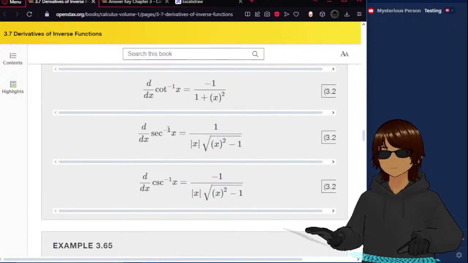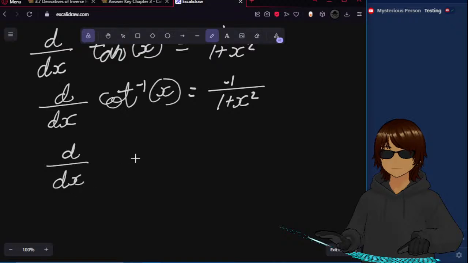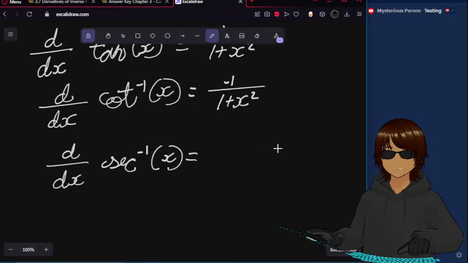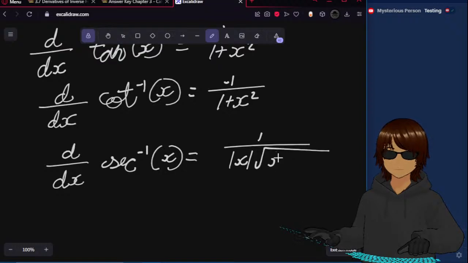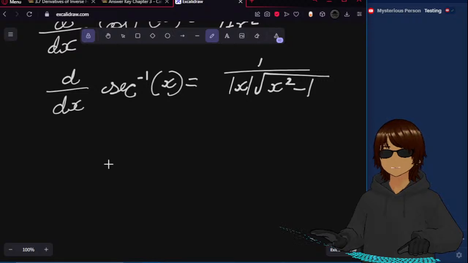And then arc secant is this. So it's, I think, positive 1. Then arc cosecant is negative 1.